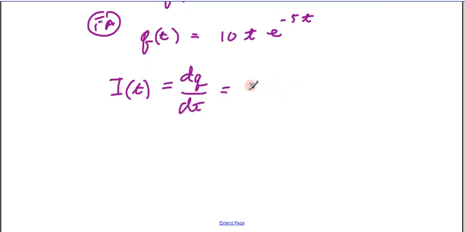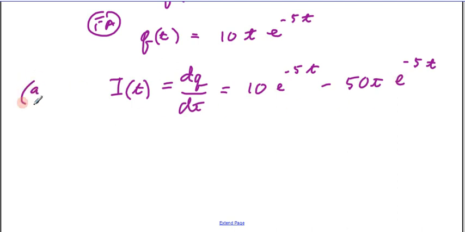So that would be 10 e to the minus 5t minus 50t e to the minus 5t. All right, so that's the end of part A of the problem.